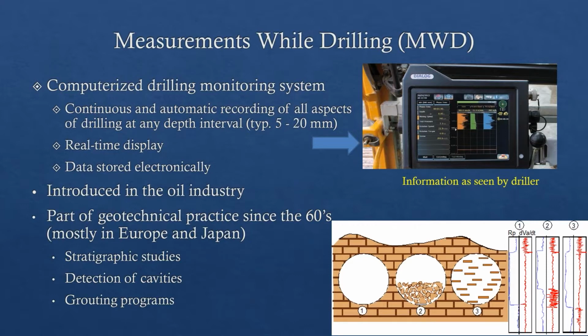And it's a real-time display, so you can see here there's a computer monitor, and the information that you see here is what the driller sees. The data is displayed in real time, and the data is stored electronically.